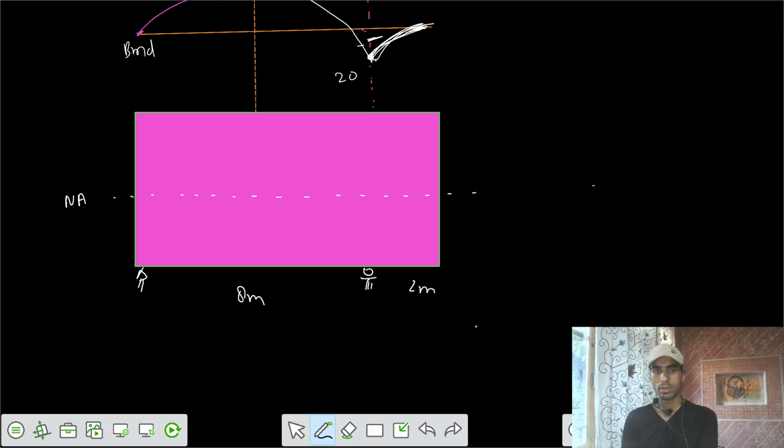This should be the cable profile. Now I want to say what is the value of E1 and what is E2.